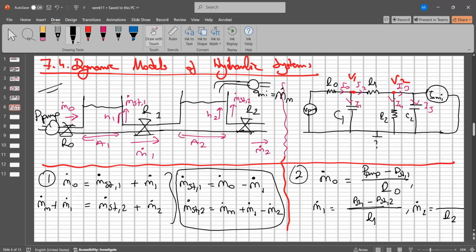R2, but no, not M storage, P storage 2. And minus, no, PATM is 0. And so that's all. PS2.